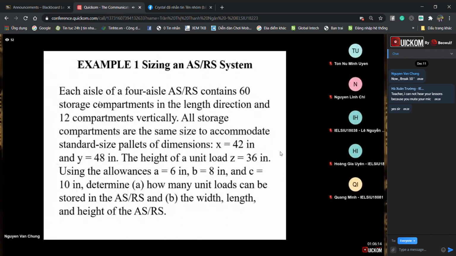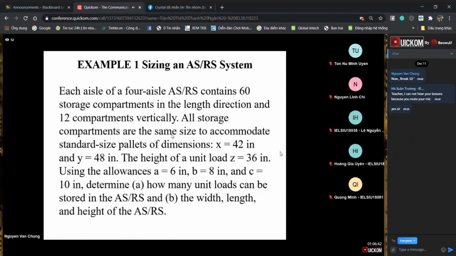You remember the compartment: for each aisle, in the length direction you have the compartments, and in the vertical direction you have 12 compartments.